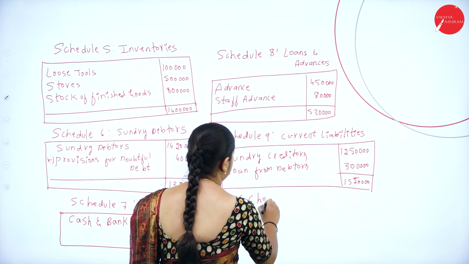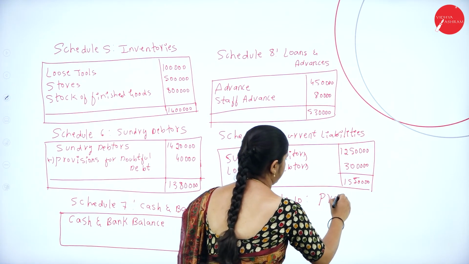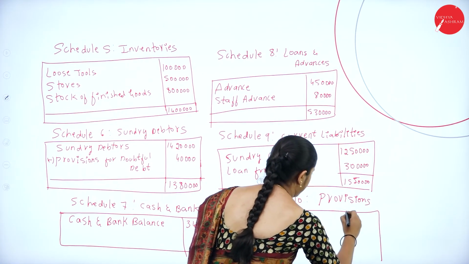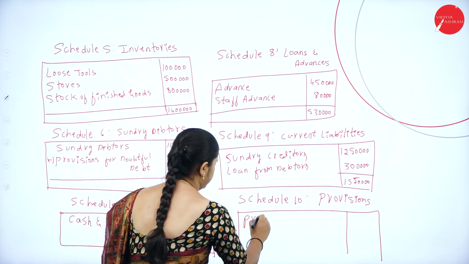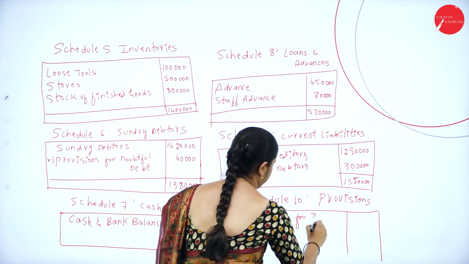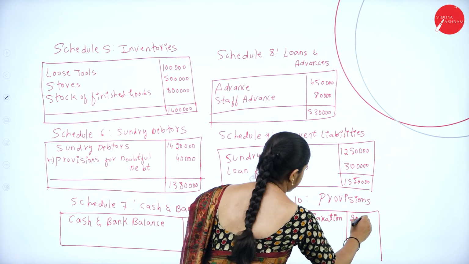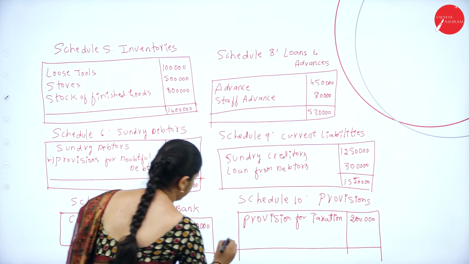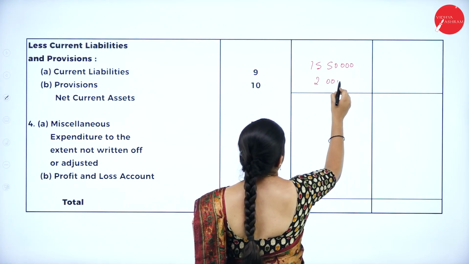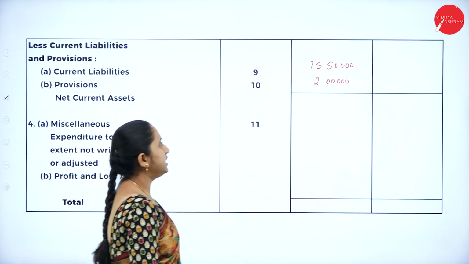So provision is 2 lakh. 15 lakh 50,000 plus 2 lakh, 17 lakh 50,000.